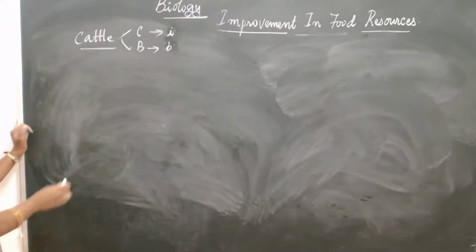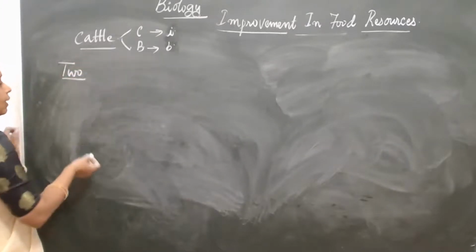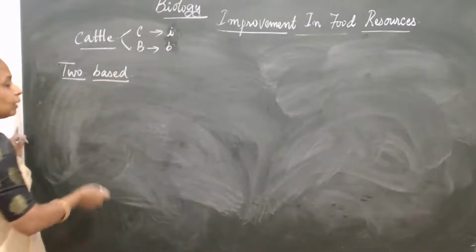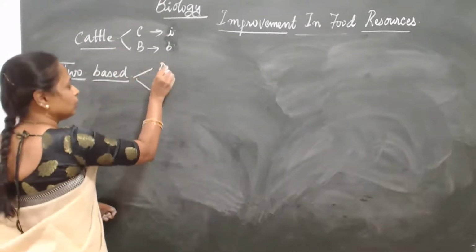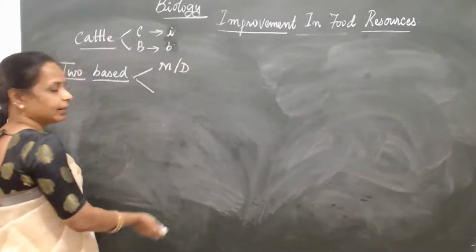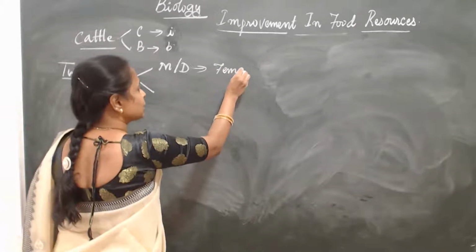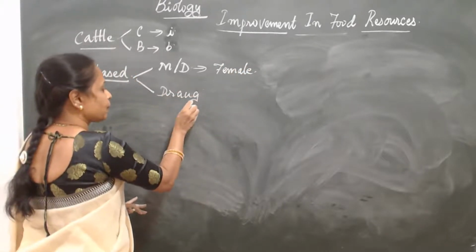Two types of the cattle. Then next we came to the two types of cattle based on for what purpose they are being cultivated. First one is the milk animal, also called the dairy animal. Here you have to keep in mind the female is being included. Second one is the draught animals.